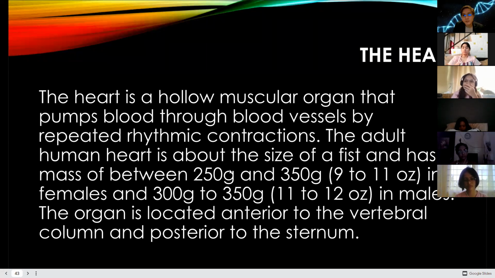It's so small that when you dissect it, you'll find it hard to locate the different parts of the heart because of the size. The mass is between 250 and 350 grams: 250 to 350 grams in females and 300 to 350 grams in males.